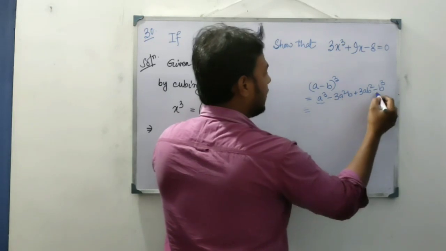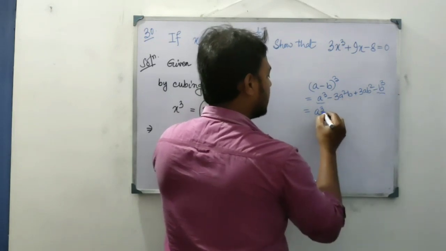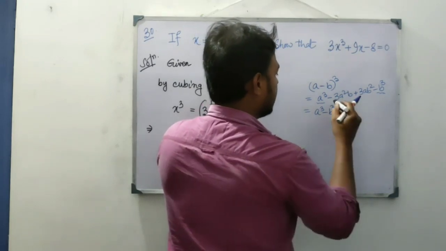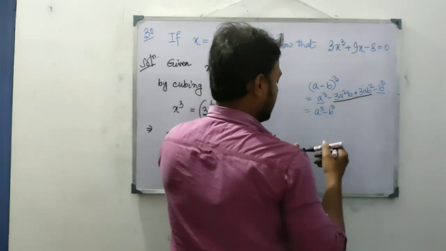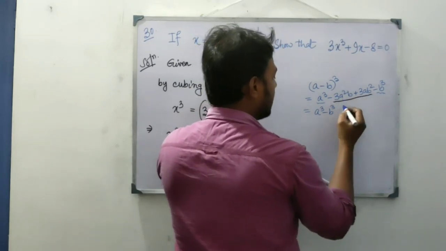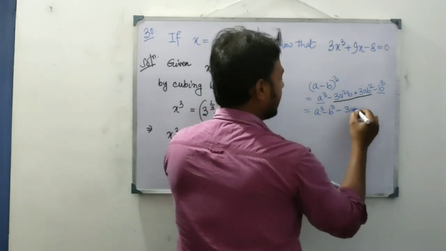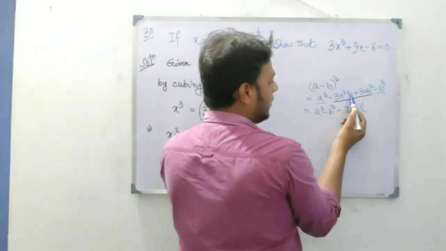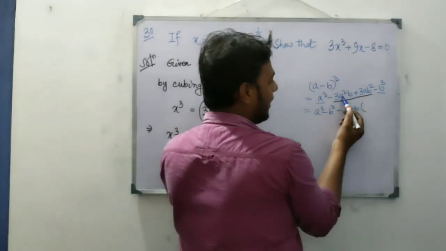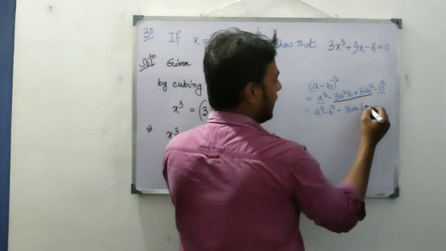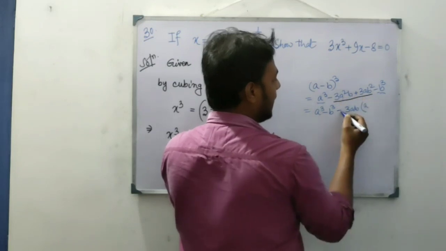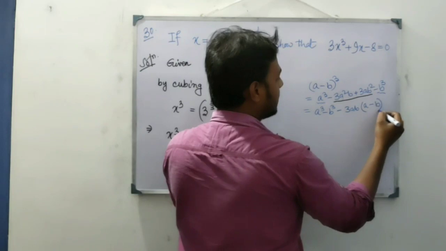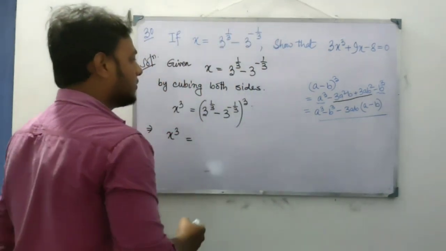If we consider a cube minus b cube together, then the rest of the terms are these two terms. Among these two, take common minus 3ab. Since a square was there and 3b and a already taken common, only a will be left, and I have taken negative also, so it will be negative, and 3ab already taken, so a minus b. So this is another form. We will use this form.